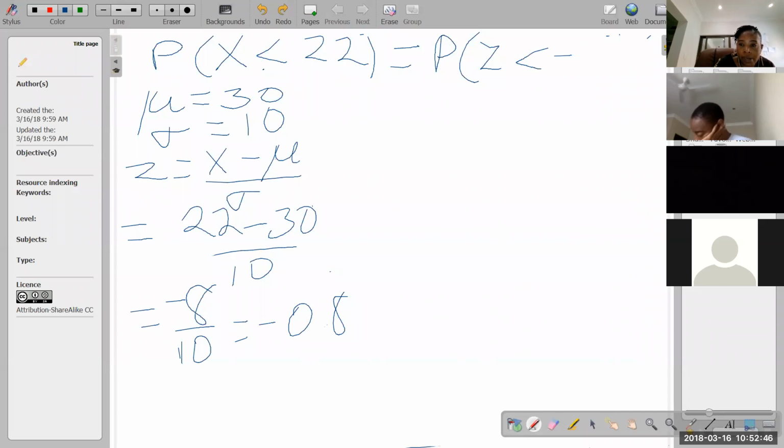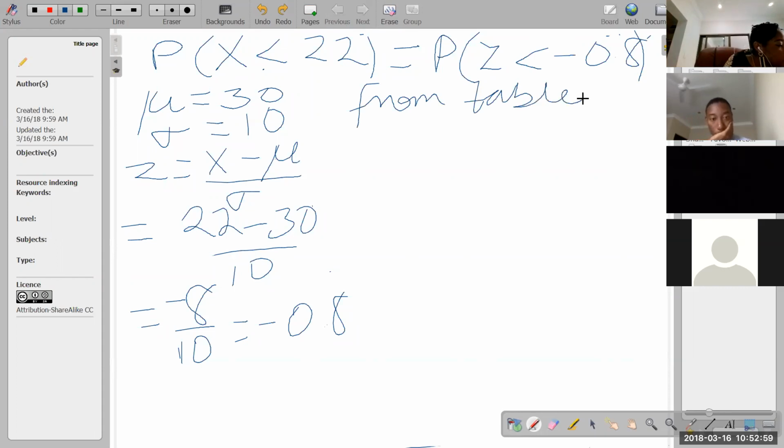Z is less than minus 0.8. From the table, 0.8 should give you 0.2881.